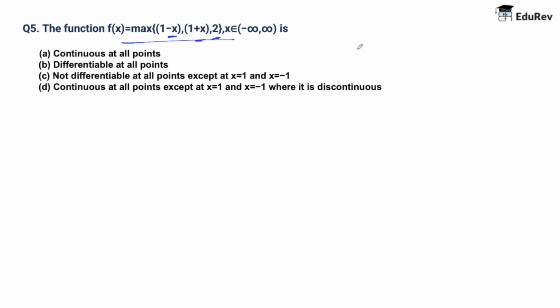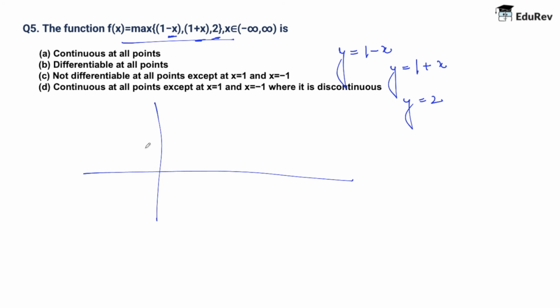And then we will see how the maximum function of all these 3 different functions works, and then finally we will find out where it is continuous and differentiable. So the 3 functions that we need to work on are y equals 1 minus x, y equals 1 plus x and y equals 2. Now I'm going to plot these 3 graphs on one pair of x and y axes itself.